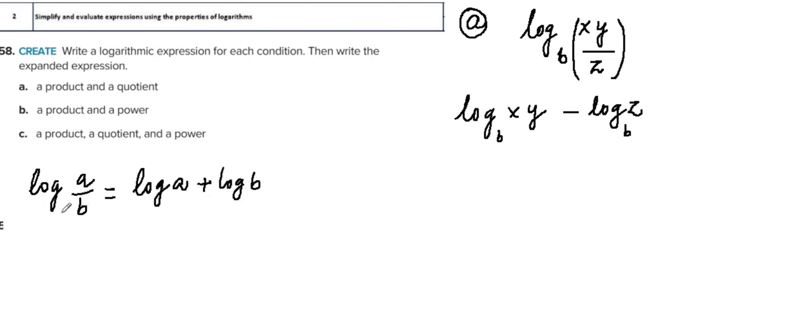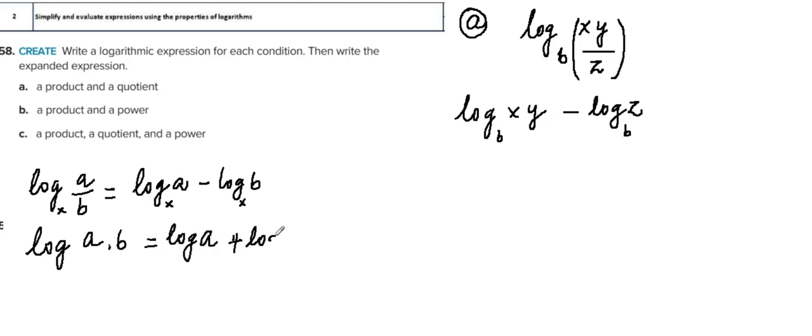Maybe the base is given here as x, the base can be anything. And if it is a product, then we separate them by plus: log a plus log b.